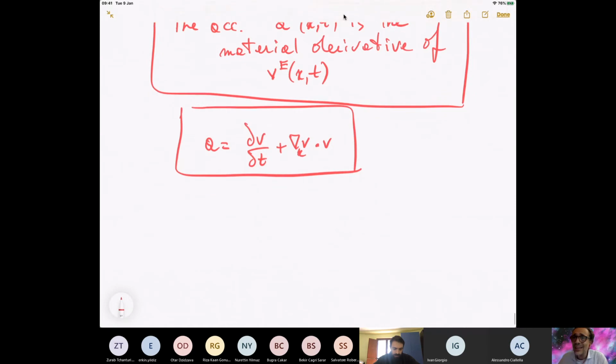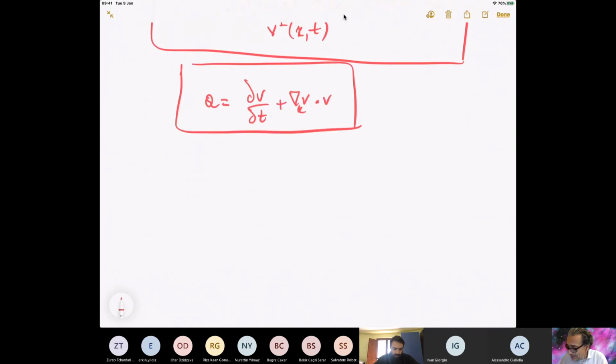So the whole set of equations can be written in this way: minus grad p equals externally applied volume forces minus rho times dv over dt plus grad v dot v.